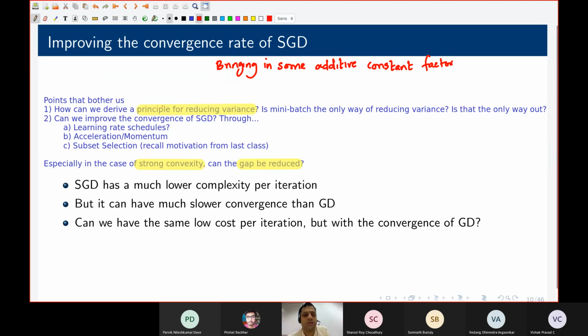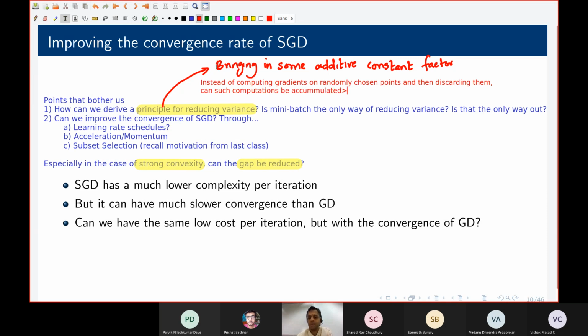My question is, instead of computing gradients on randomly chosen points and then discarding them, can such computations be accumulated and made to contribute to some form of additive constant?